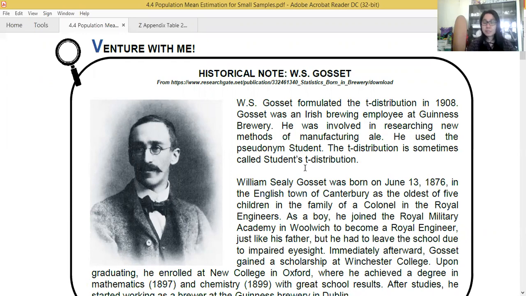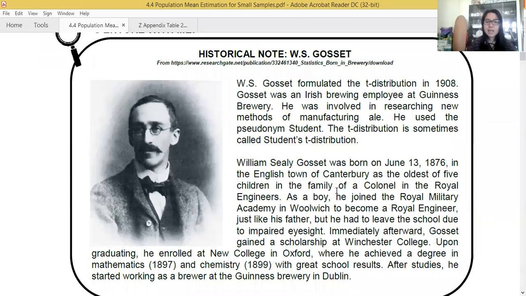As a boy, he joined the Royal Military Academy in Woolwich to become a royal engineer. But later on, he enrolled in New College in Oxford, with a degree in math and chemistry, and he decided to start working in a brewery.